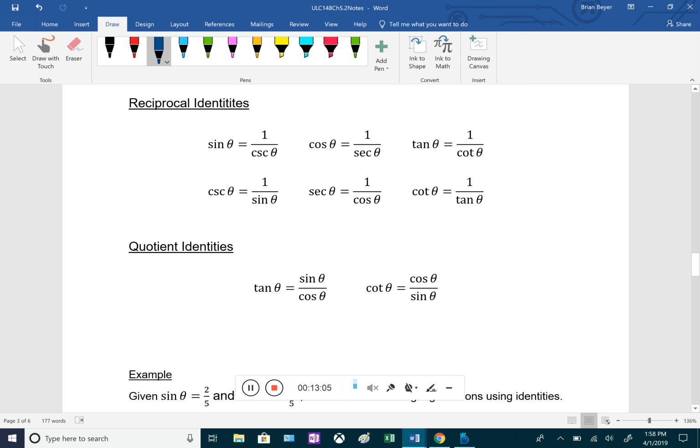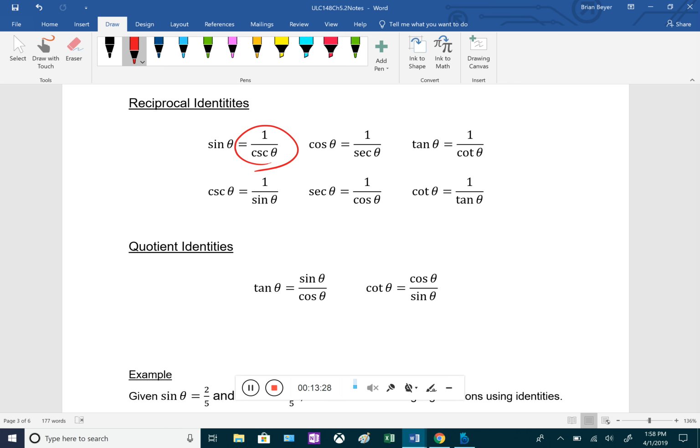Okay, so here is this next thing that we have here. We have the reciprocal identities. We have the quotient identities. So the reciprocal identities, that's something I mentioned on the first page. It says sine is the reciprocal of cosecant. So that's what reciprocal means, right?